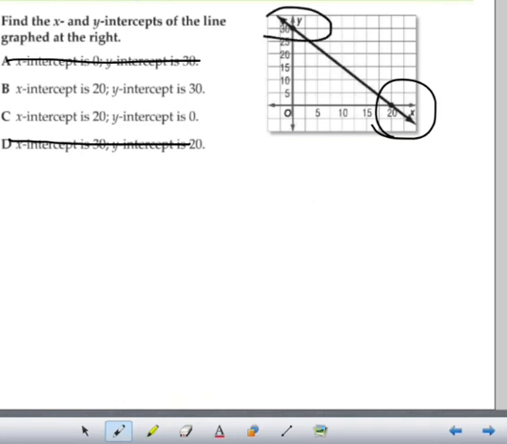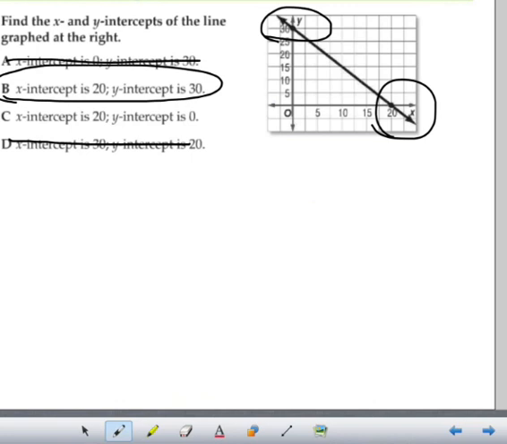I look over here, where does it cross my y-axis? At 30. So it is choice B. My x-intercept is 20 and my y-intercept is 30. Again, a y-intercept or an x-intercept is just where it crosses that axis.